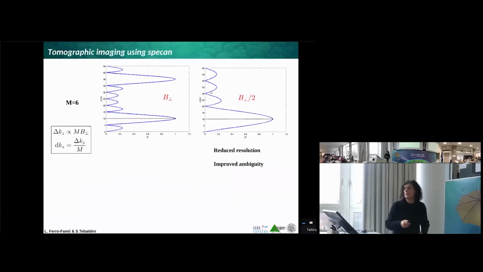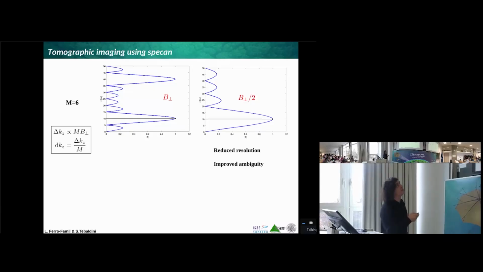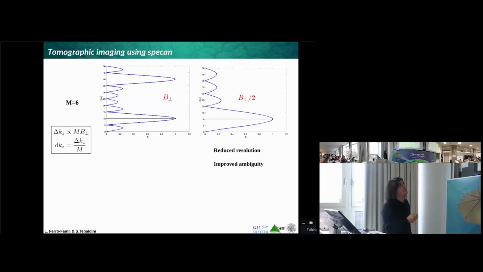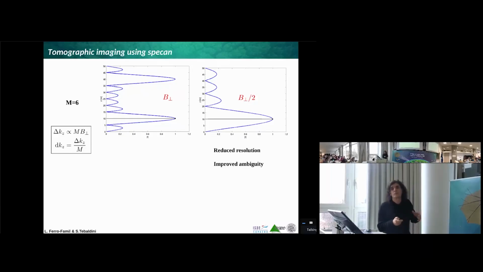So let's say that you are dealing with a configuration where you have 6 images, and you use a given baseline which gives you this vertical resolution. If you divide the baseline, the spacing between 2 consecutive images, by 2, you will of course change the resolution. And for a fixed number of images, you will also change the ambiguous elevation, okay? So you will lose resolution, but you will gain because you will be able to observe larger or taller forest.